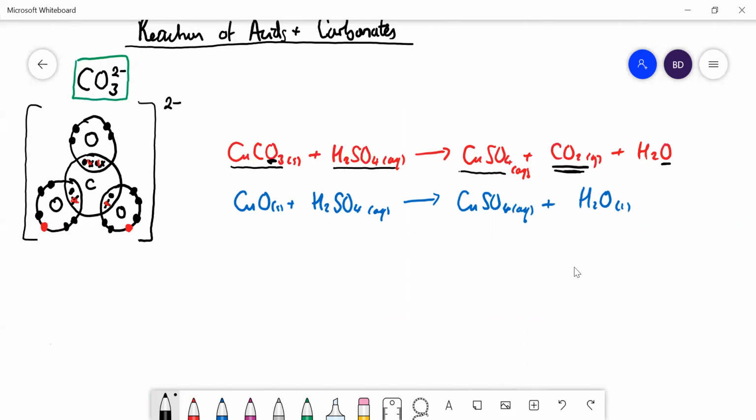Right, so if we had to summarize that, you'd say metal carbonate plus an acid gives you a salt, and we'll talk about what a salt is again in case you've forgotten, and you get CO2 and water. Now the salt in this case is copper sulfate.